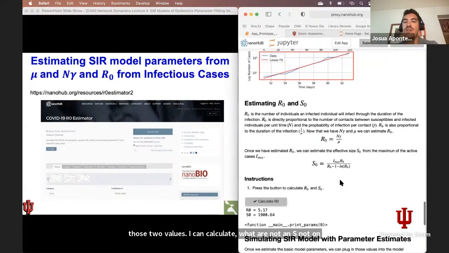And for this particular data set, R naught turns out to be around 5.17, which is actually not that terribly far away from the 3 to 6 estimate for the alpha variant of SARS-CoV-2.